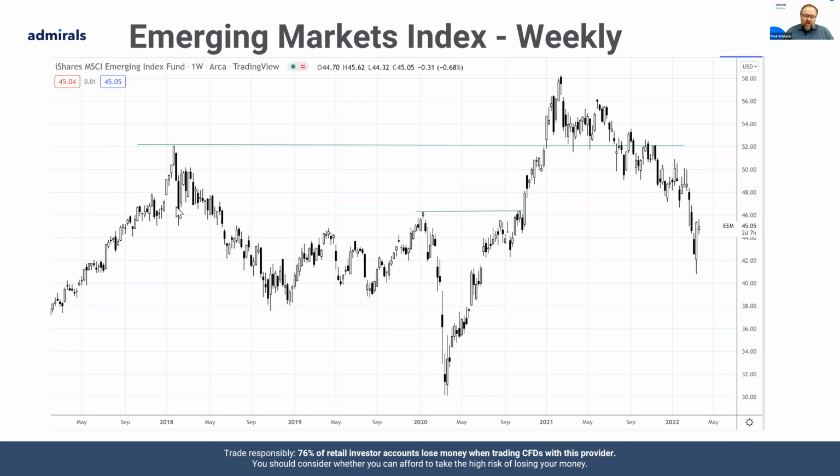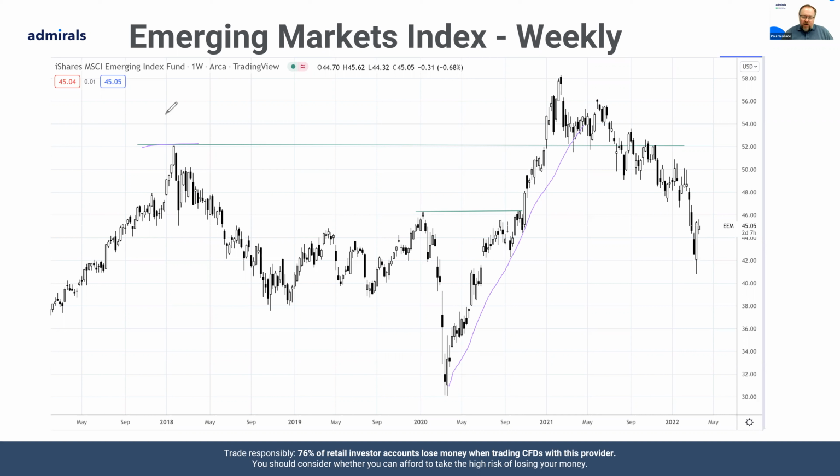So if you remember, we just looked at the dollar index, and its first move post-COVID was to the downside, whereas what we saw is that as the dollar weakened, hey presto, the emerging markets index rallied and got way up above the recent highs. As that then reversed, remember we looked at the dollar index had a big double bottom before it rallied.